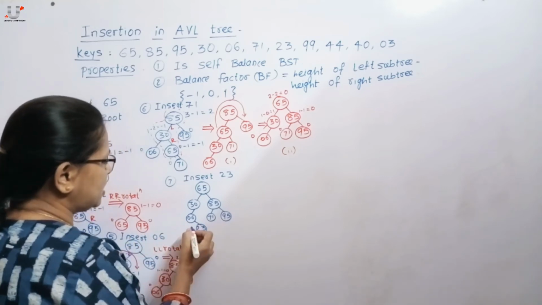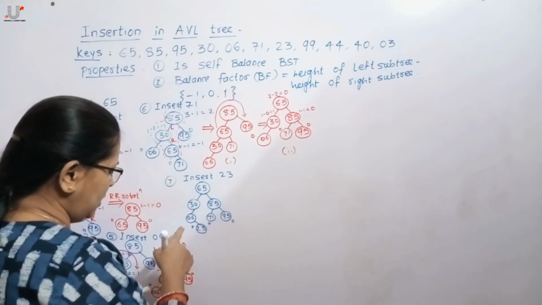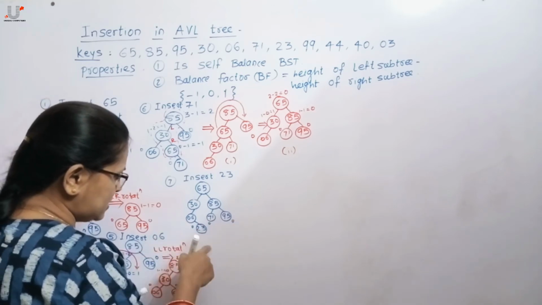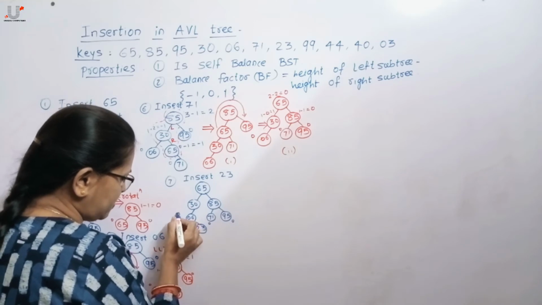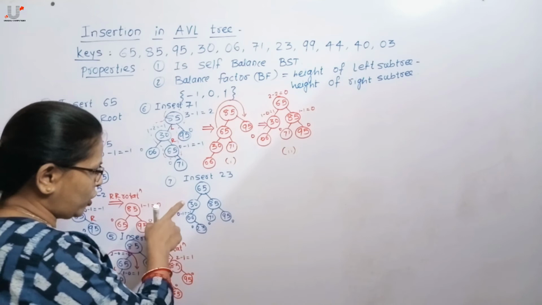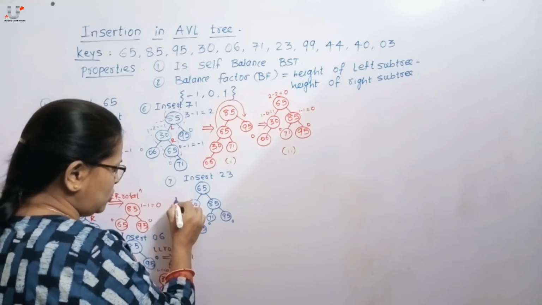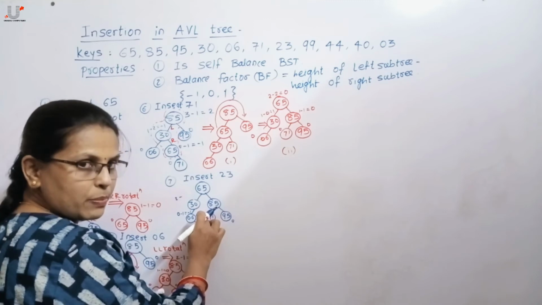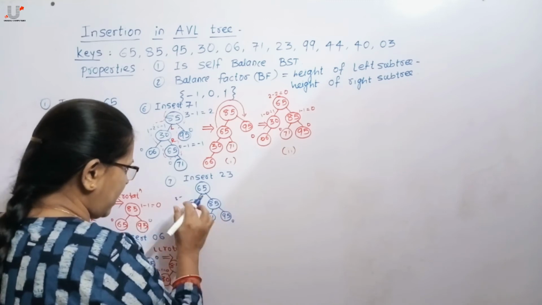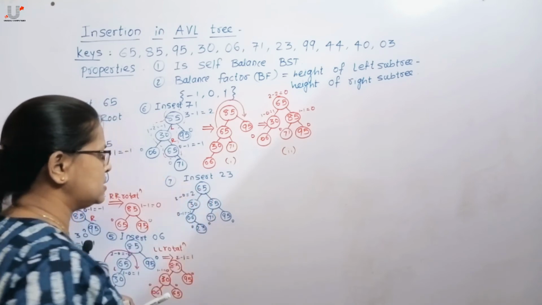After insertion, check the balance factor, and the balance factor for leaf nodes is 0. Then for 6, height of left minus right subtree, as no left subtree is present, so 0 minus 1, the balance factor is minus 1. For 30, height of left subtree is 2, and nothing is present to the right of 30, so 2 minus 0, the balance factor is 2.